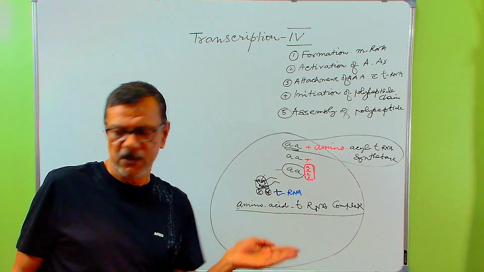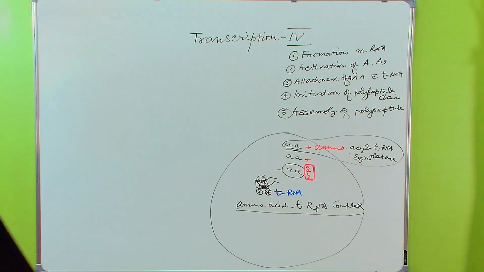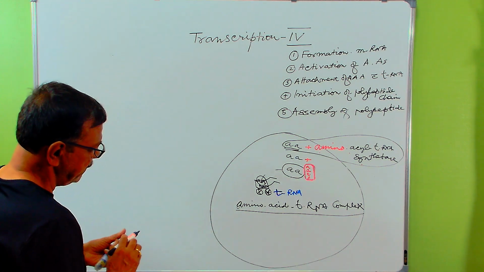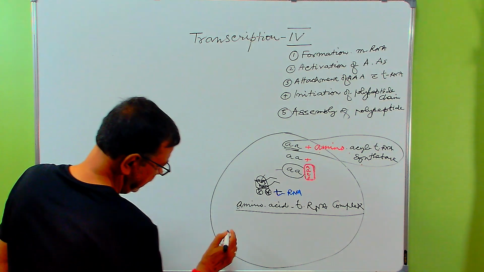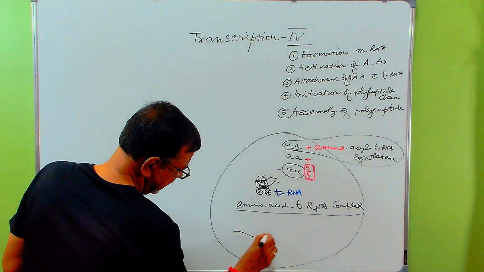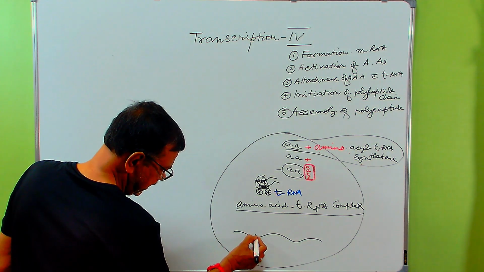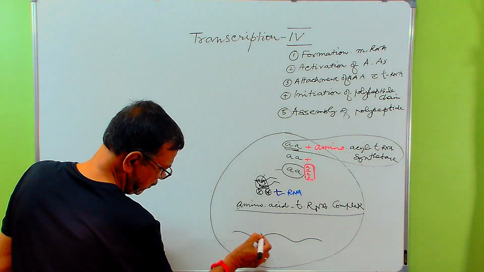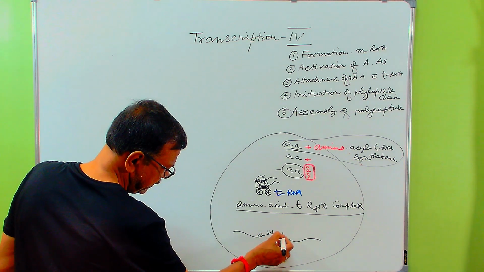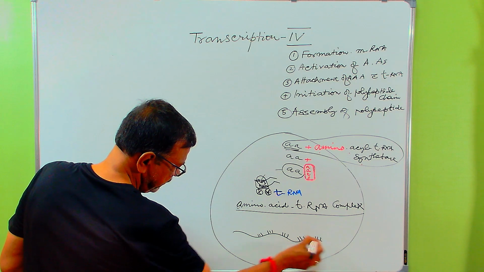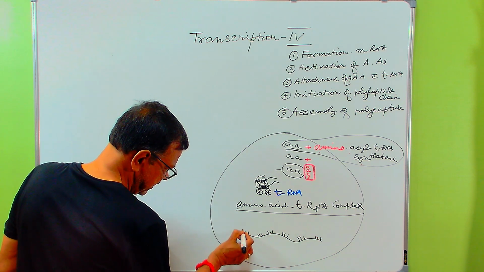Now we'll move to a specific position of mRNA. Here it is mRNA. In the mRNA there are codons, different codons for different amino acids.